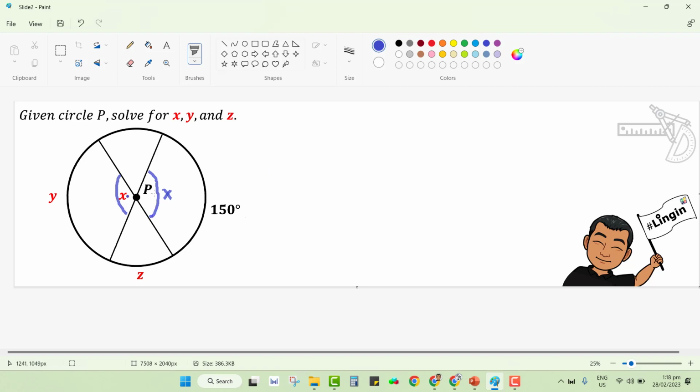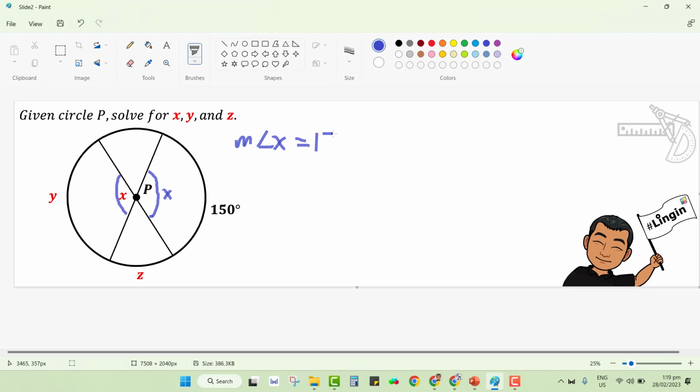The reason why we do this is that when we assume that this angle here is just the same as its vertical angle represented by variable x, we can draw a relationship between this angle with the same measurement as x and its intercepted arc, which measures 150 degrees. Because this is a central angle, and the measurement of that central angle x is equal to the measurement of its intercepted arc.